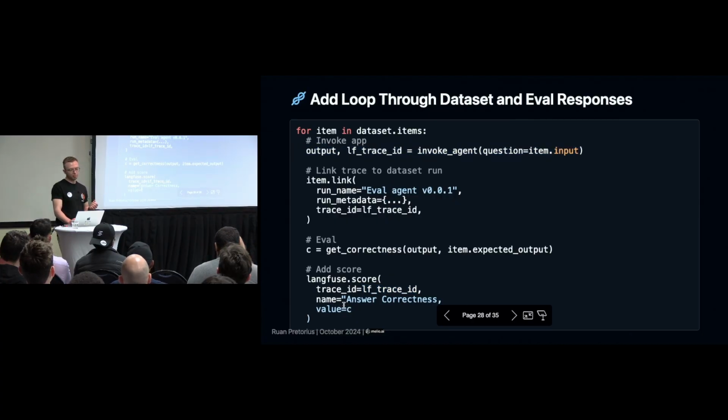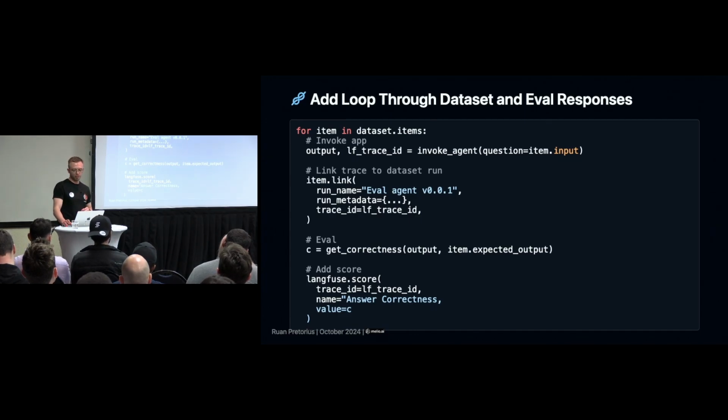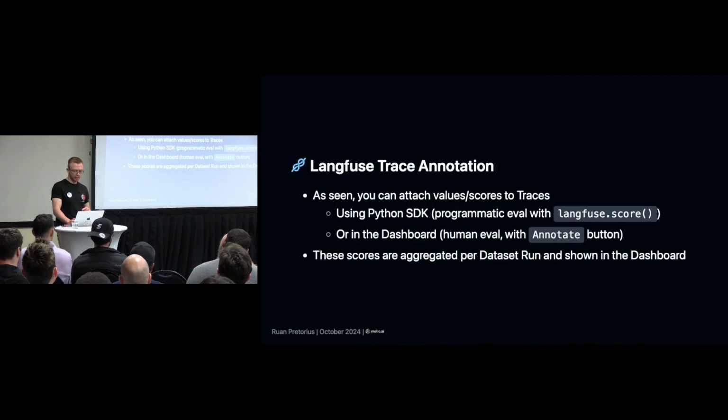It's a named key-value pair, so you give your metric a name and you attach a value. It's quite flexible. You can add any numeric value, and I think it also supports Boolean values or string values. I mentioned before that you can do it programmatically with that score method, or you can do it in the dashboard. There's an annotate function which you can use for human evaluation.